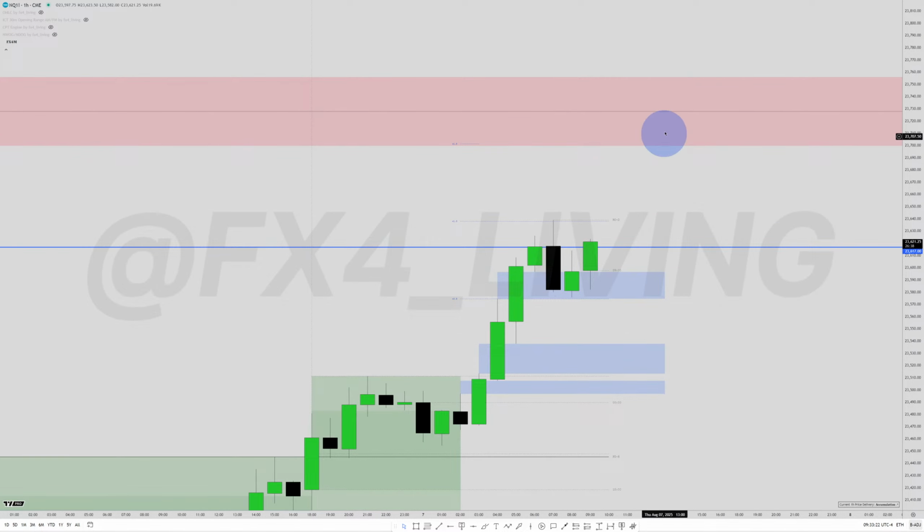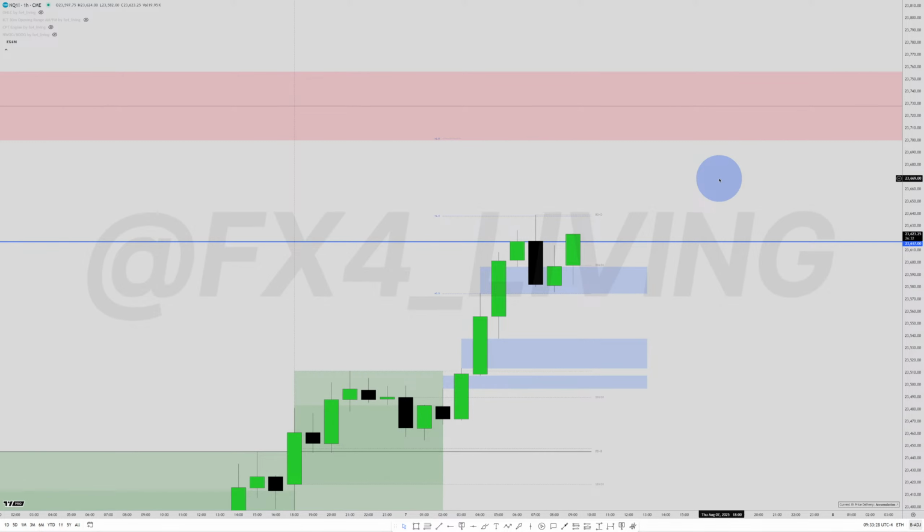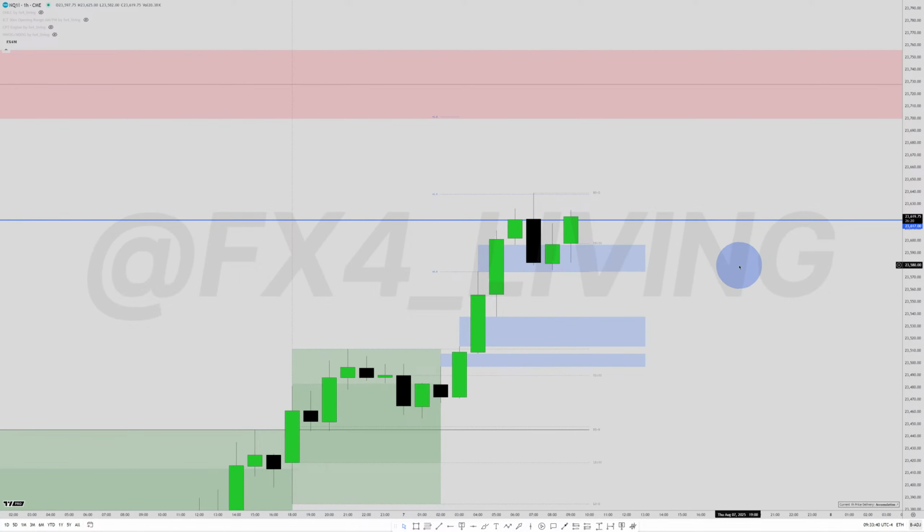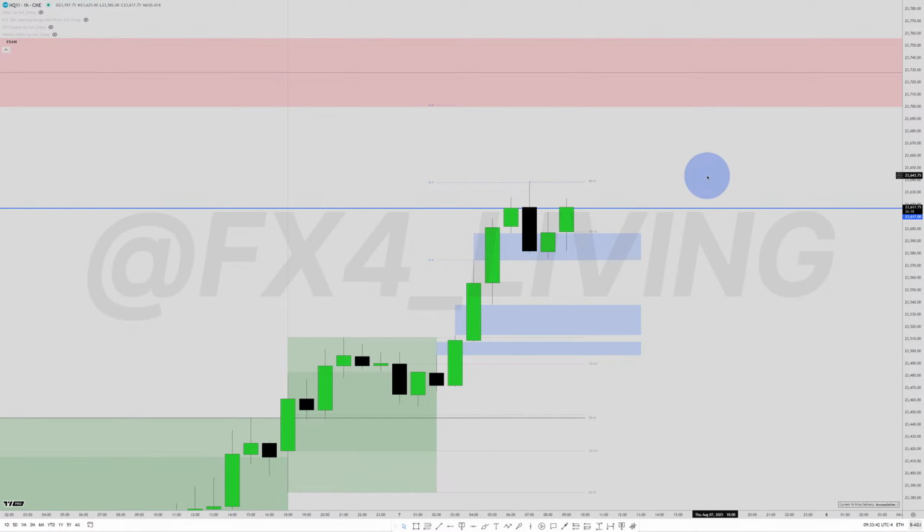I have this sell side imbalance standing right here as a potential drop, but there's still an imbalance on the buy side I want to be involved in. I don't see a lot of liquidity taken on the sell side as well, so I don't want to be that liquidity, if that makes sense to you.